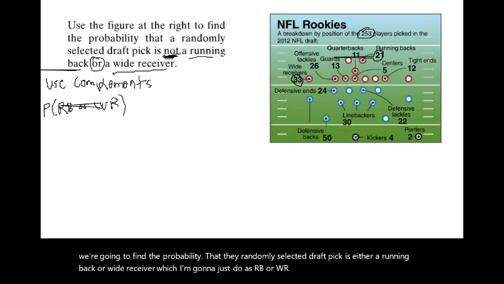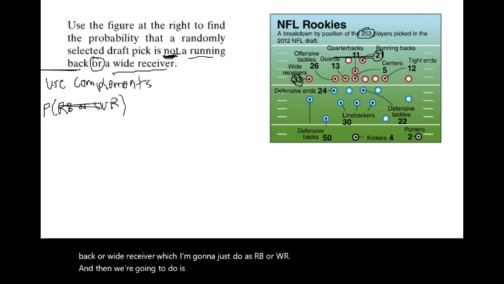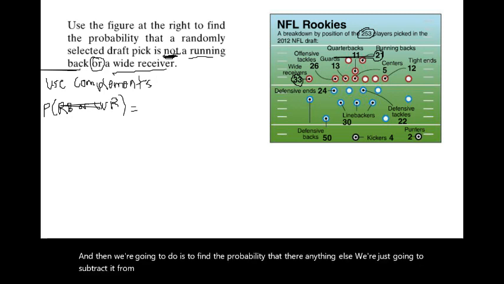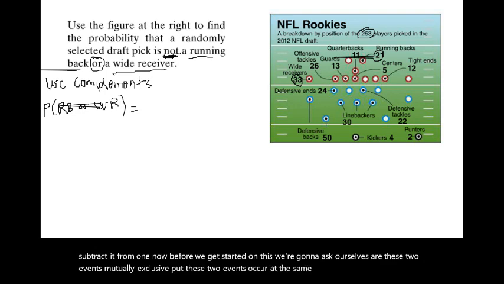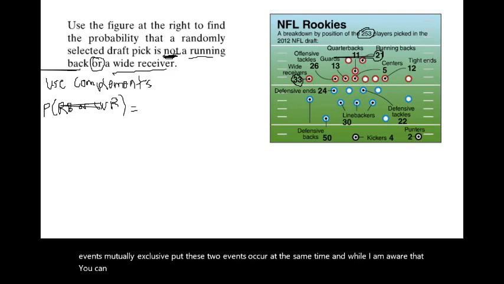And then to find the probability that they're anything else, we're just going to subtract it from 1. Now, before we get started on this, we're going to ask ourselves, are these two events mutually exclusive? Could these two events occur at the same time? While I am aware that you can have someone that is drafted for 2 positions at once, these are both offensive positions.